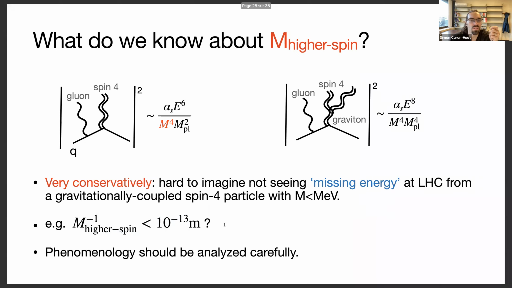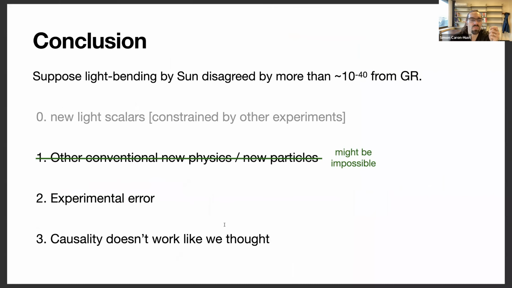So what does that mean? Conclusion. The way we're thinking about this is that suppose one of these precision experiments about GR were to disagree with GR by more than 10 to the minus 40, the size of the object in units of 10 minus 13 meter. Then there are a bunch of explanations one could try. Maybe there are some new scalars; this is constrained by other experiments.